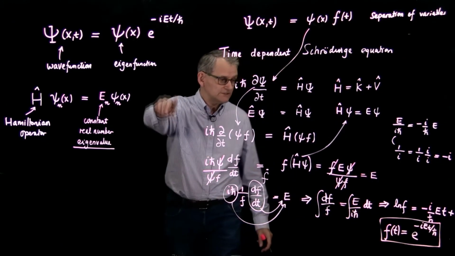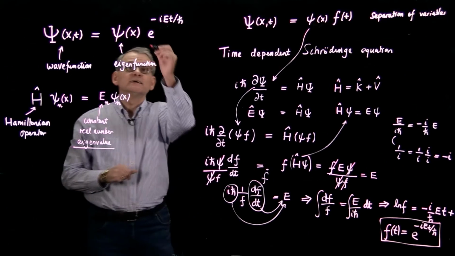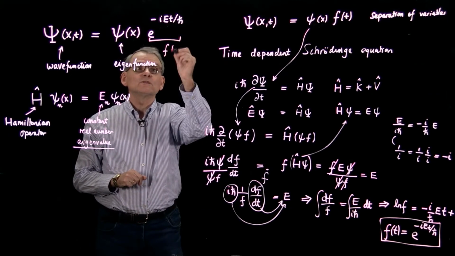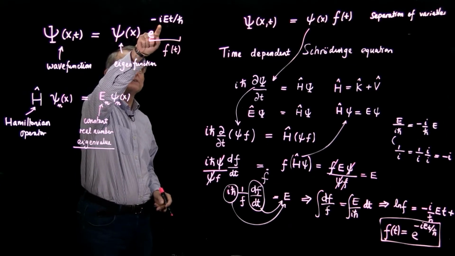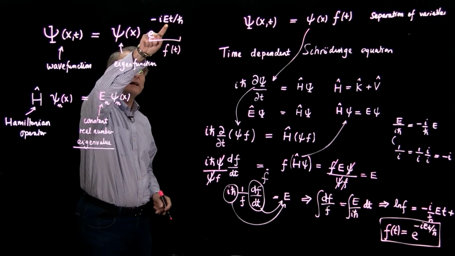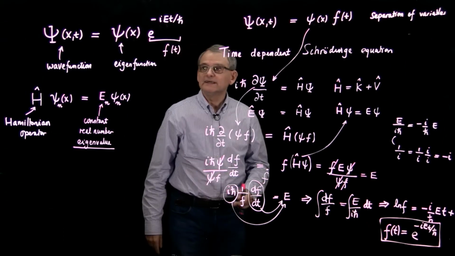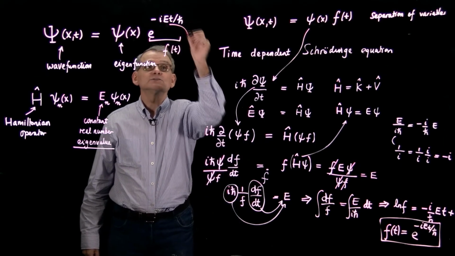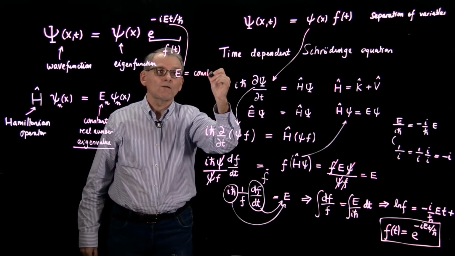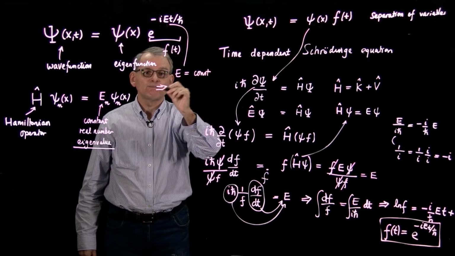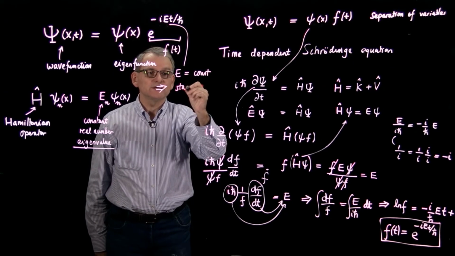And so now you can see that this general time-dependent term has this form, e to the minus i E t on h bar, and this works providing E is constant, which implies that we have a stationary state.